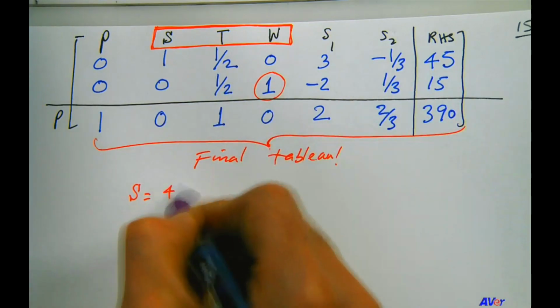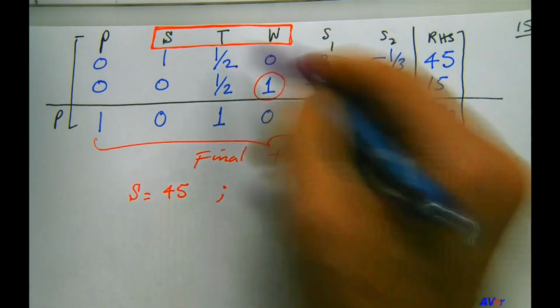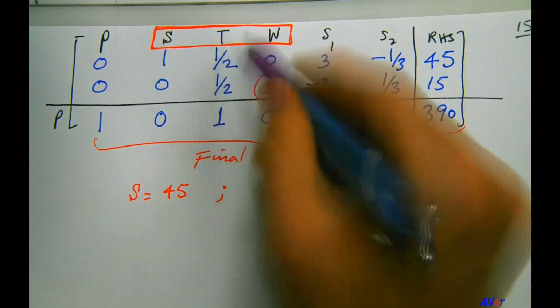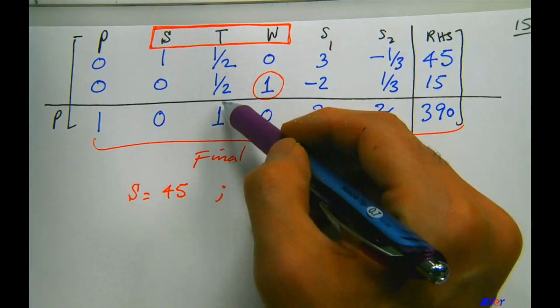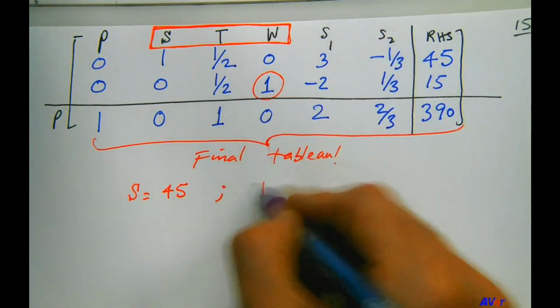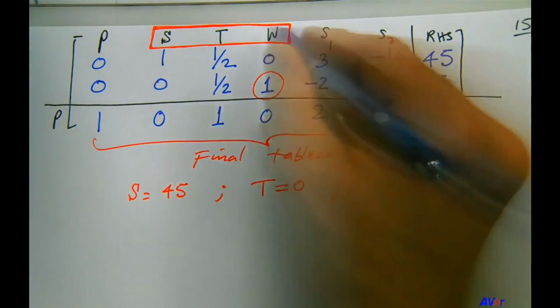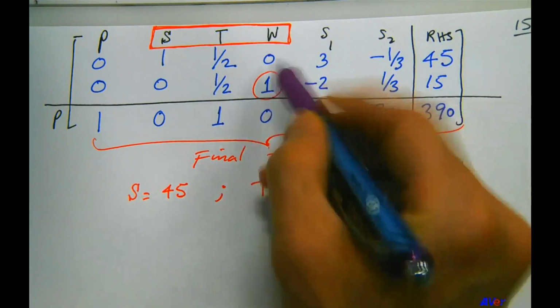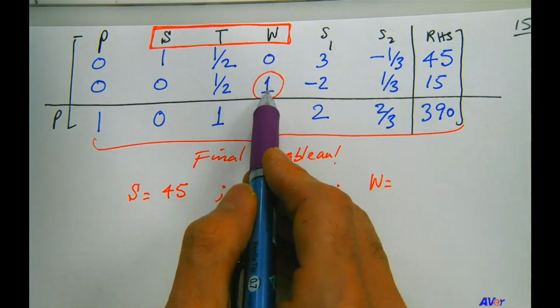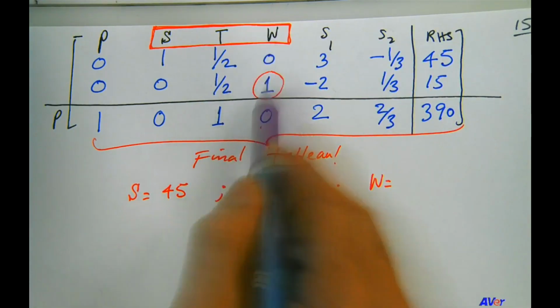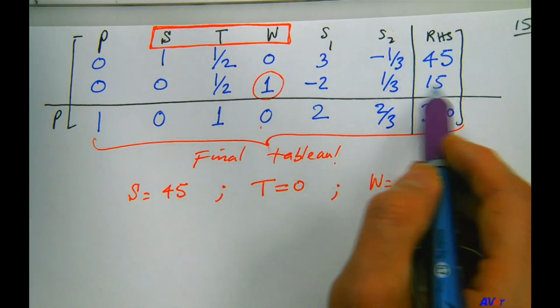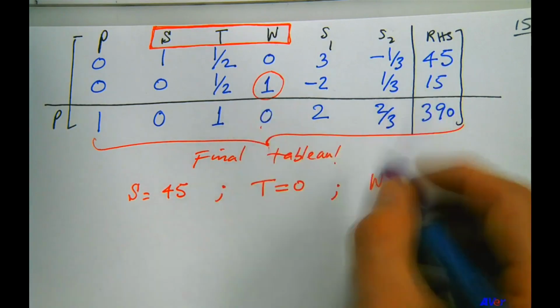So 45. Look under T. The numbers are all over the place, right? 1/2, 1/2, 1. So that means the value of T is 0. The value of W, 2 zeros and a single 1. Perfect. So the value of W is in the right-hand side column, which is 15, right across from the 1.